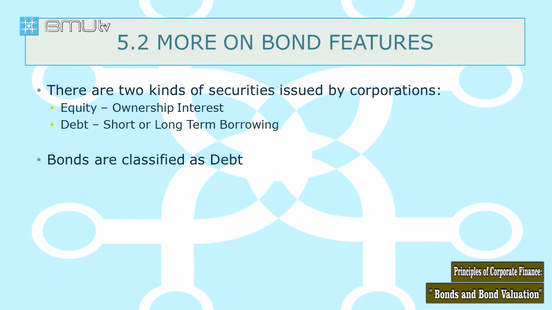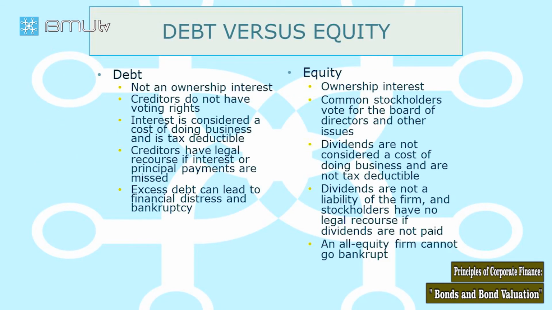Some ideas about bond features. There are two kinds of securities issued by corporations. As we said, equity, that's ownership interest, and debt, short or long-term borrowing. Bonds are debt instruments, that's not ownership interest. Creditors do not have voting rights. They have priority as they get their interest coupon payments exactly.